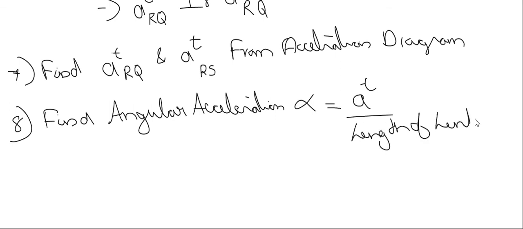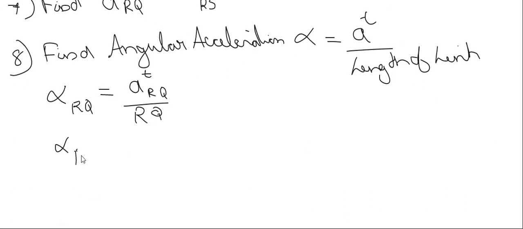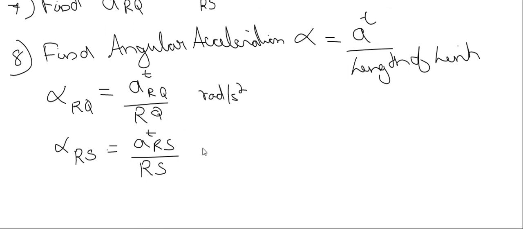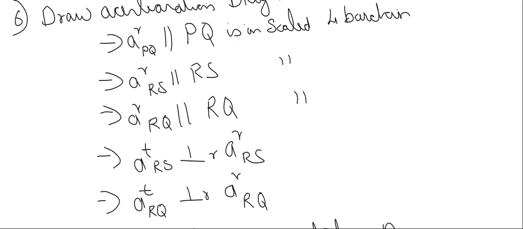That is, alpha of RQ will be equal to tangential component of RQ divided by link RQ, and alpha of RS will be equal to tangential component of RS divided by length of the link RS. And this will be in radians per second square. So that should be the procedure you follow to get the acceleration.